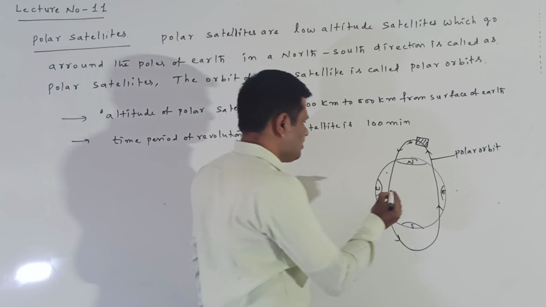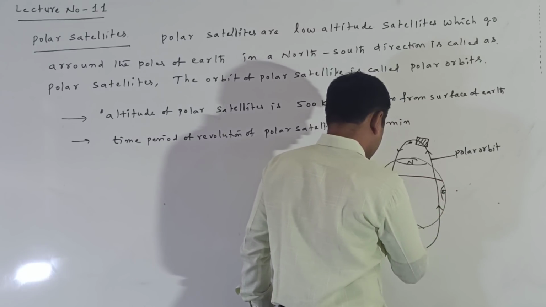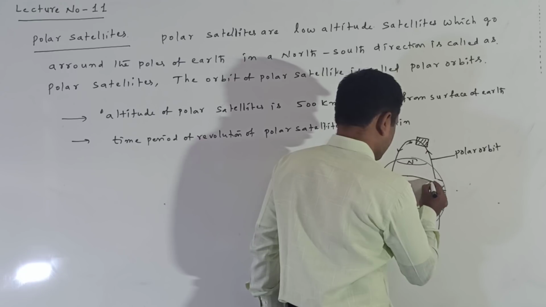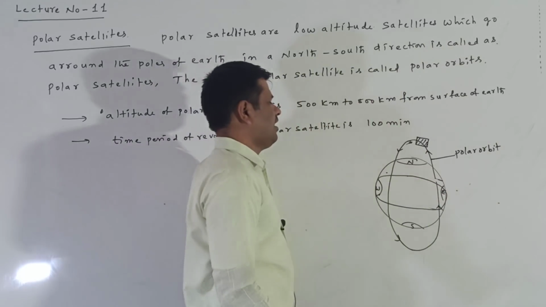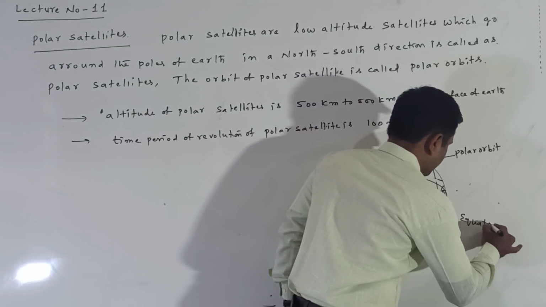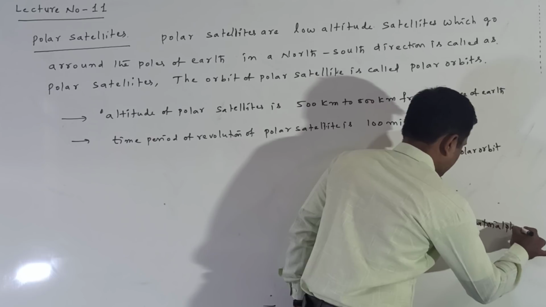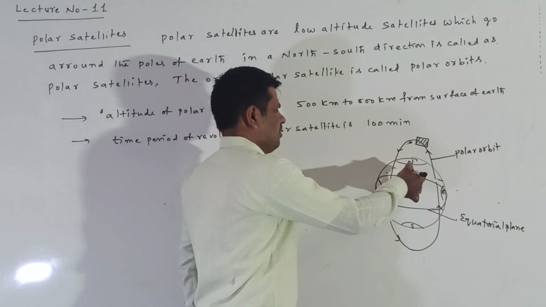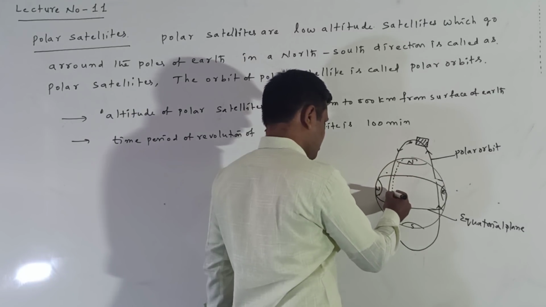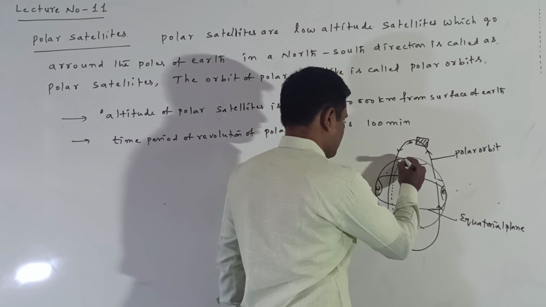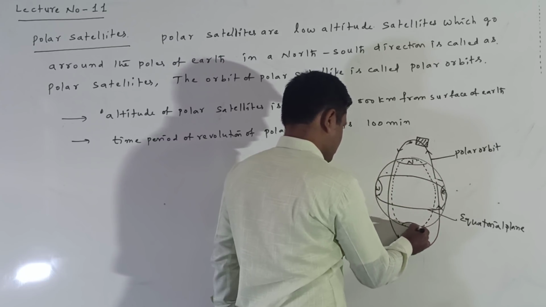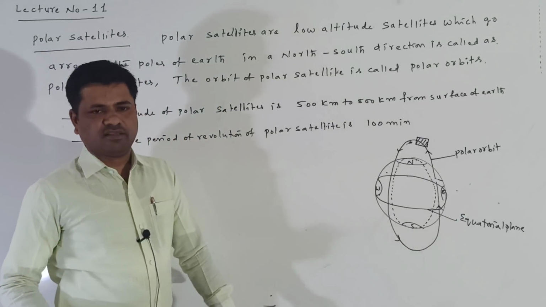Now listen here. Already we know this plane, and we have given it a name. This plane is called the equatorial plane. Here, in the polar orbit, we can also consider one plane like this.